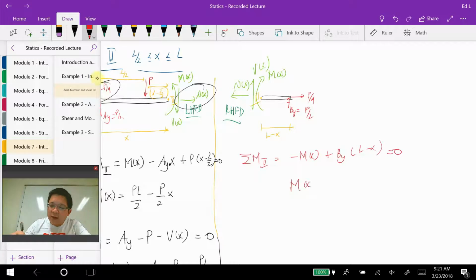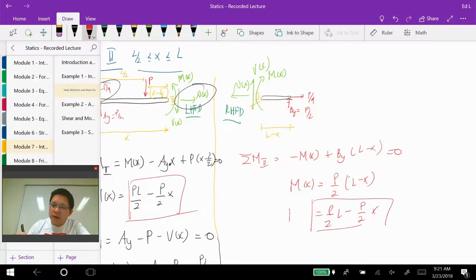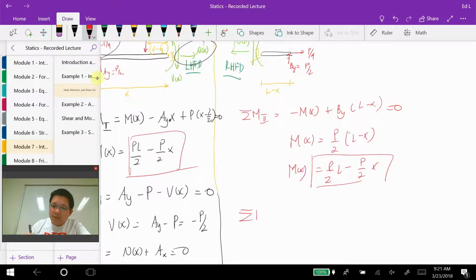So M of x, with BY being P over 2, is P over 2 times L minus x, so here is PL over 2 minus P over 2 x, which is the same expression that we obtained before. Then the sum of forces in y, we have BY plus V of x equal to 0, so V of x is negative BY, negative P over 2, again the same.